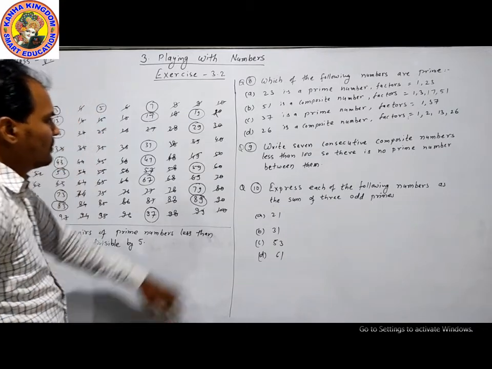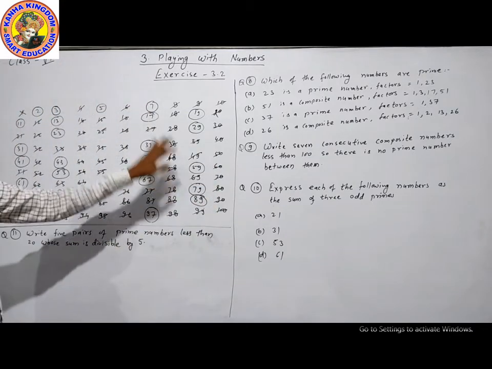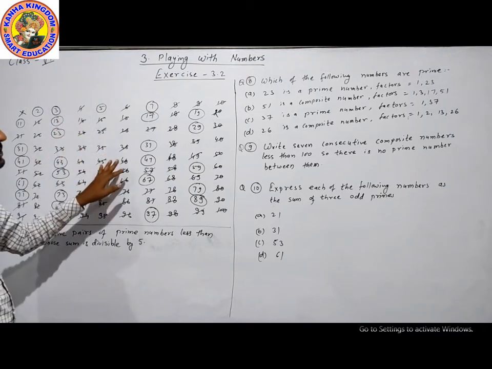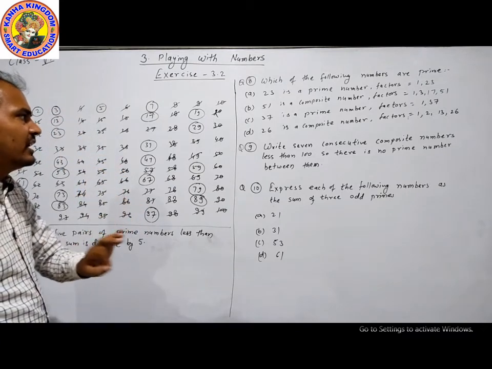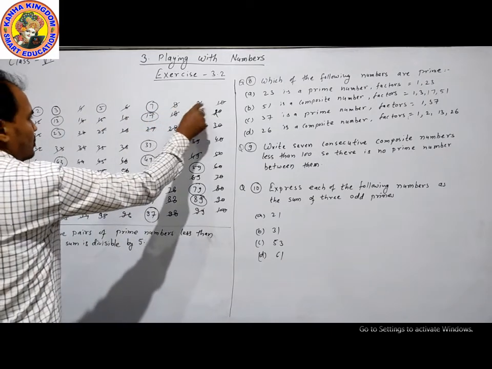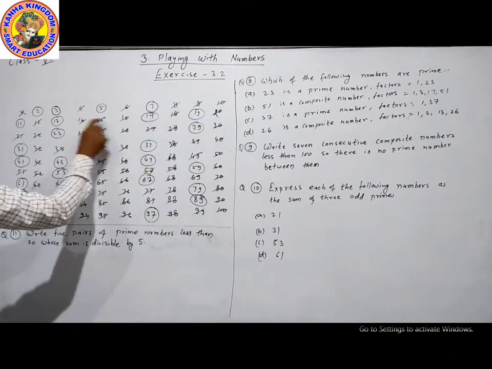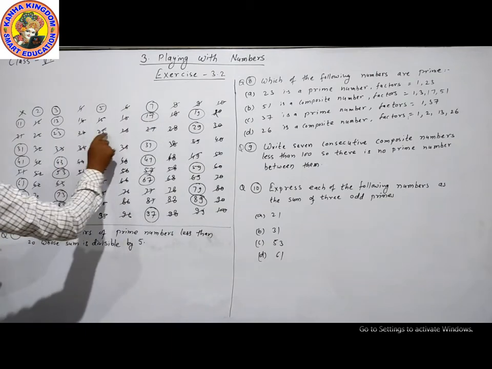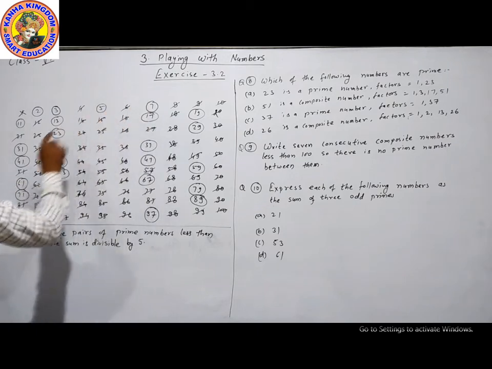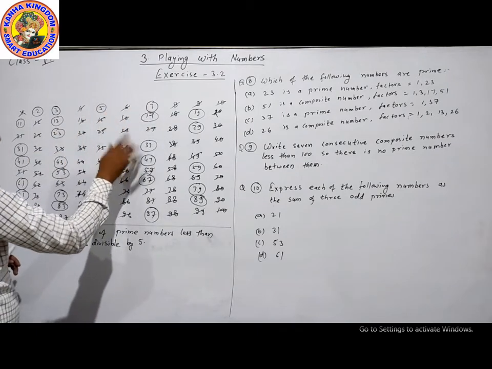We will find 7 continuous numbers, 7 continuous numbers between which there are no prime numbers. 1, 2, 3, then 1, 2, 3, 4, 5, the chain breaks at 5. Again 1, 2, 3, 4, 5, chain breaks.